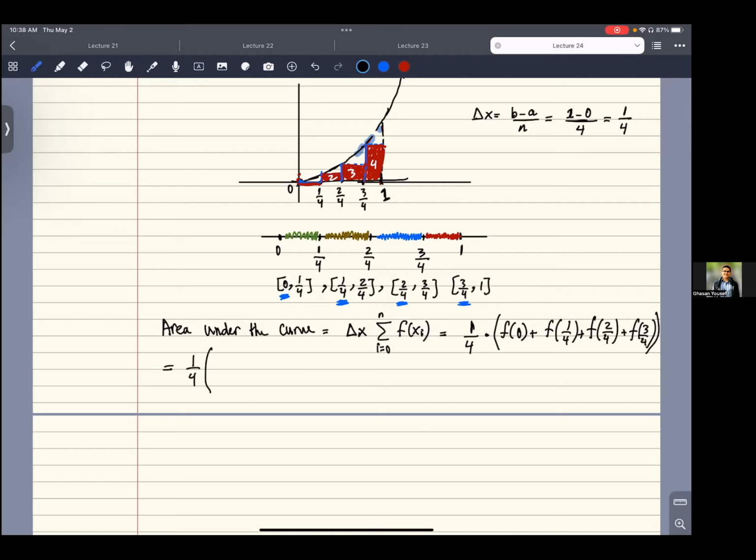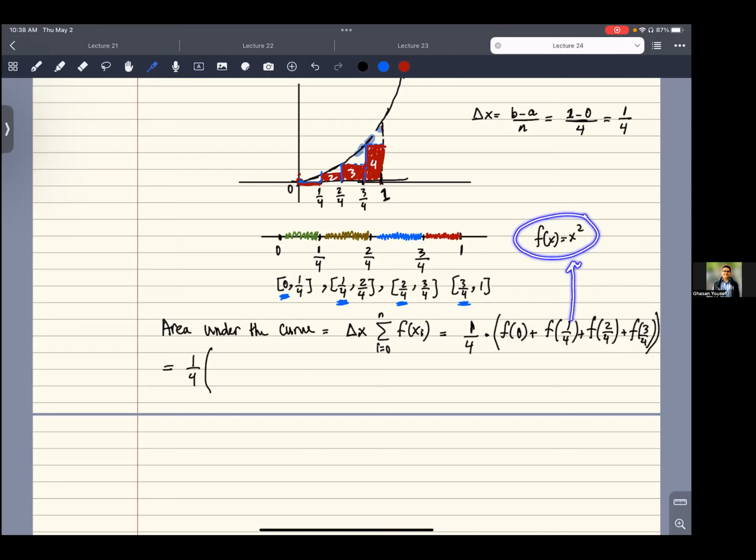Plug this value inside the function. Here's my function, f of x equals x squared. What is f of 0? 0. What is f of 1/4?